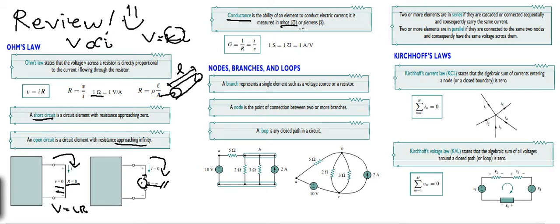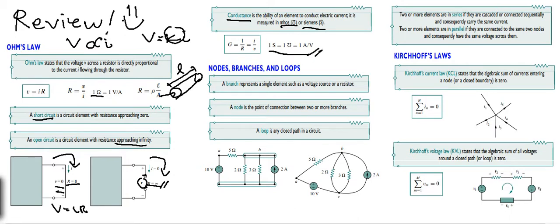So if resistance resists the flow of current, conductance is the opposite, it allows the current to flow. As you can see, G is equal to 1 over R, or I over V, and we have its unit.